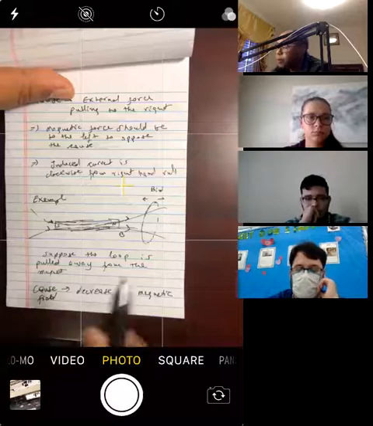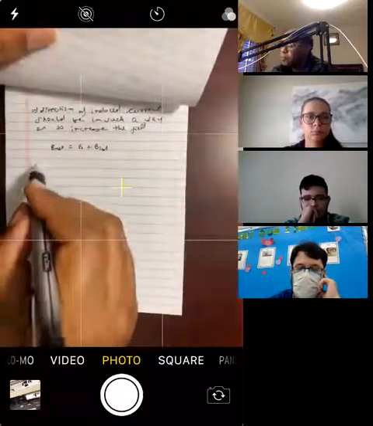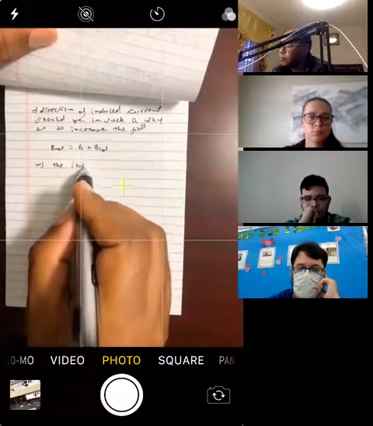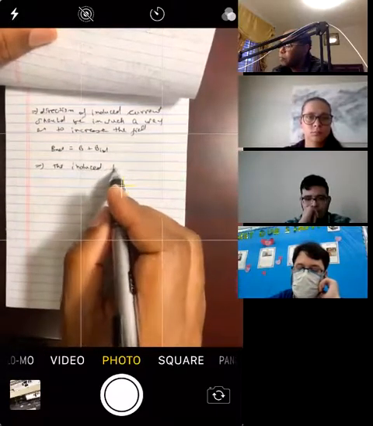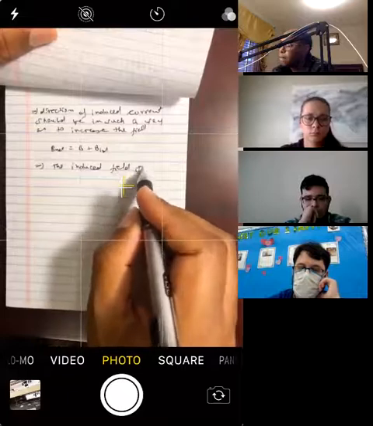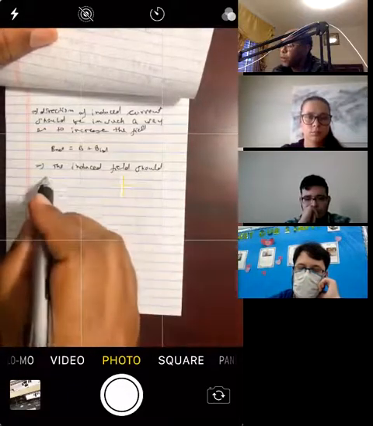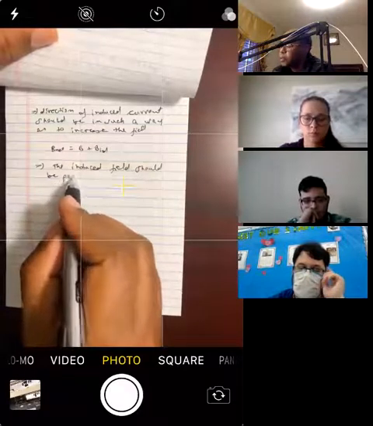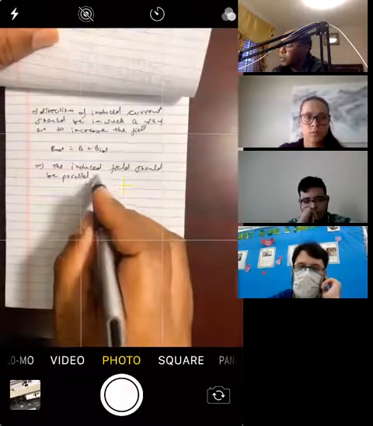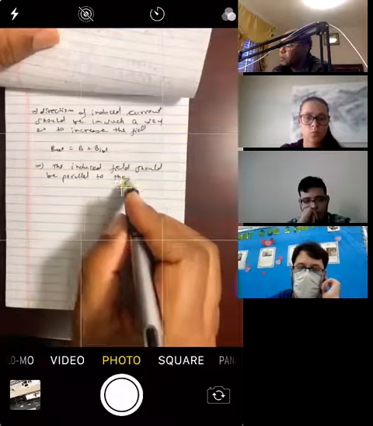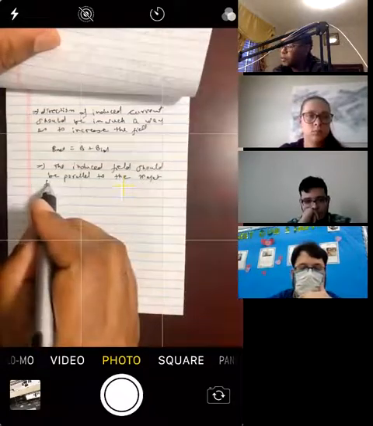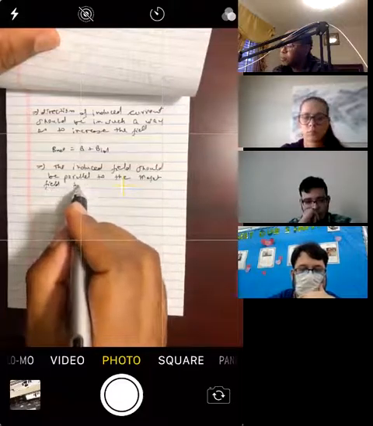So we conclude that the induced magnetic field should be parallel to the external field if it is to increase it. So this implies the induced field should be parallel to the magnet's field to increase it.